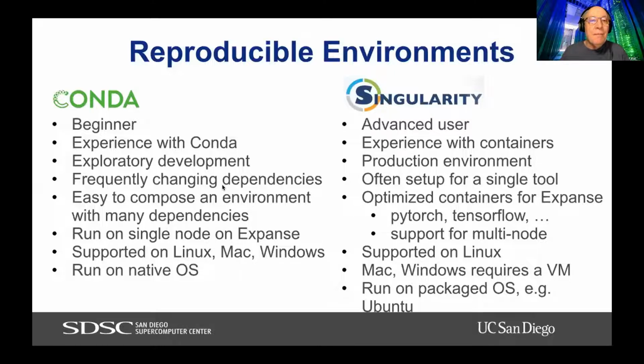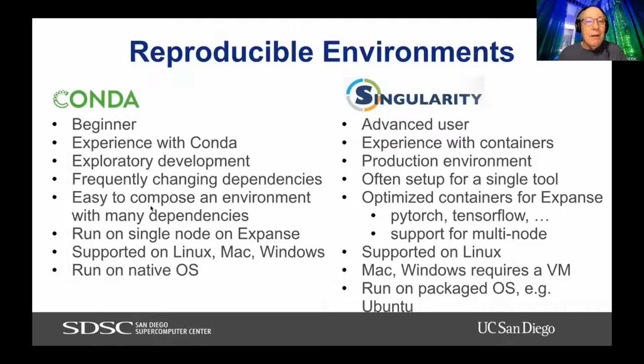Conda is good for exploratory development, let's say where you make frequent changes, maybe add new dependencies and so forth. And it's also easy to compose an environment where you combine many different packages together. On the other hand, Singularity is often set up for a single tool. For example, SDSC provides optimized containers for a number of applications such as PyTorch, TensorFlow, and so on.